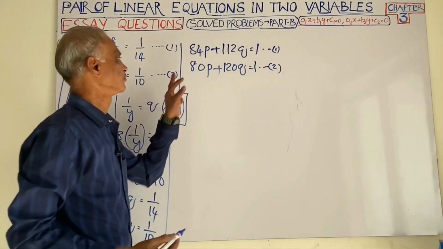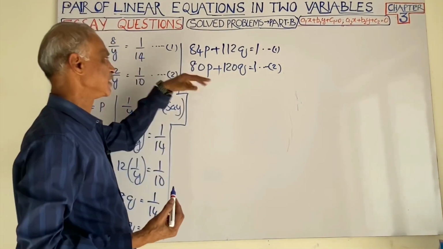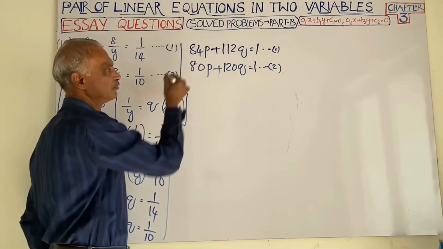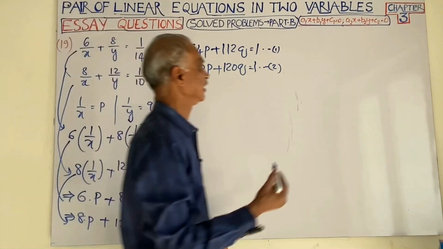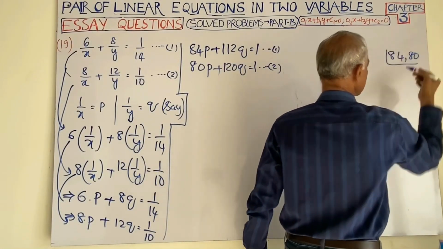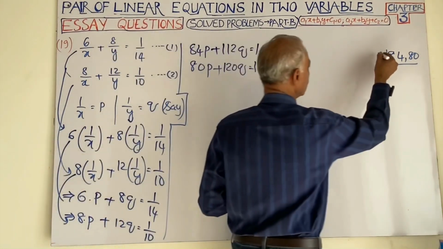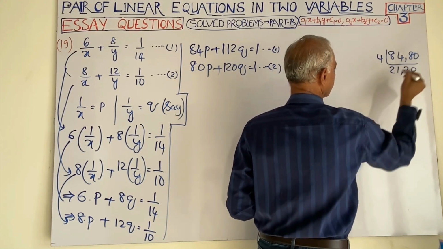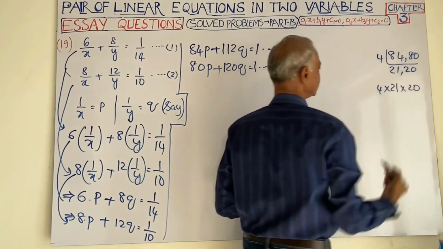We have to equate the first term so that we can cancel by subtracting this equation from this equation. Now what we have to do, I will tell you one technique. First take LCM for 84 and 80. You see, 4 2s are 8, 4 1s are 4, 4 2s are 8. It can be written as 4 into 21 and 4 into 20.